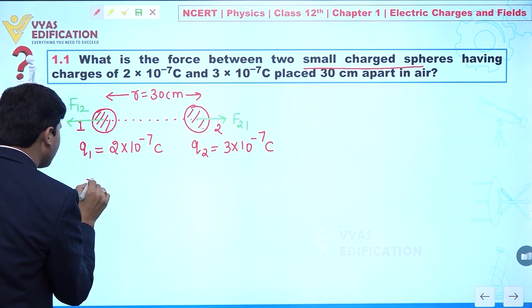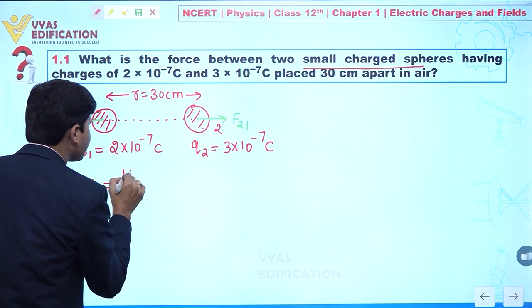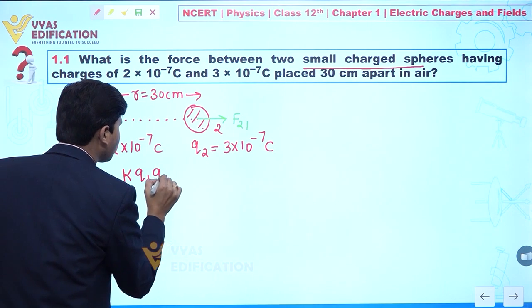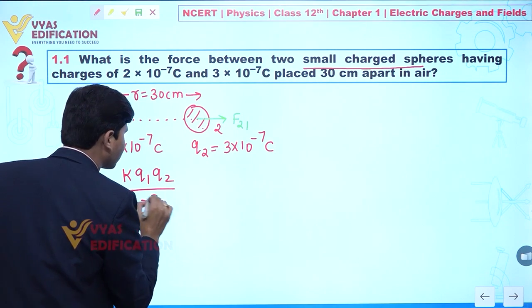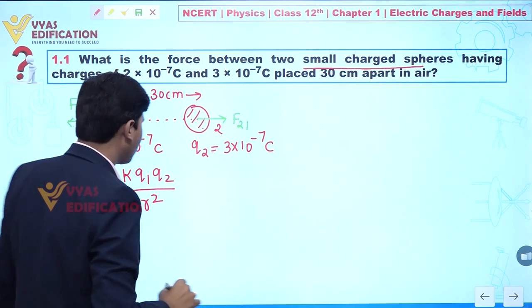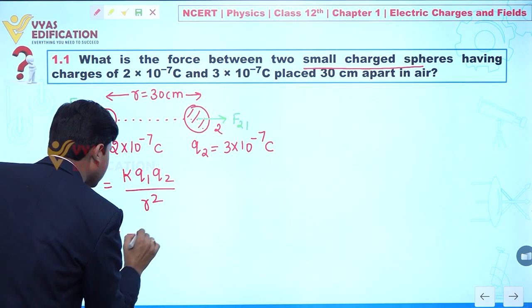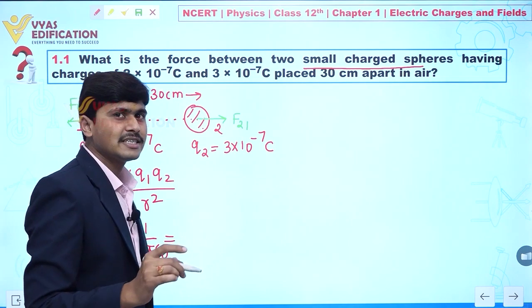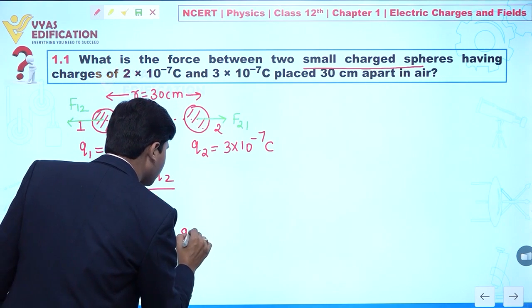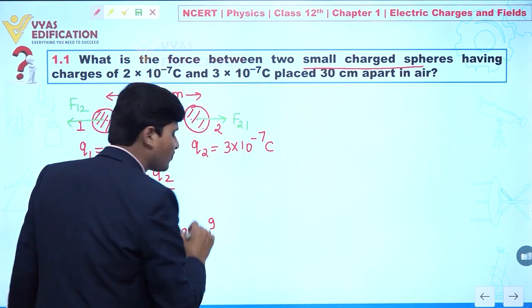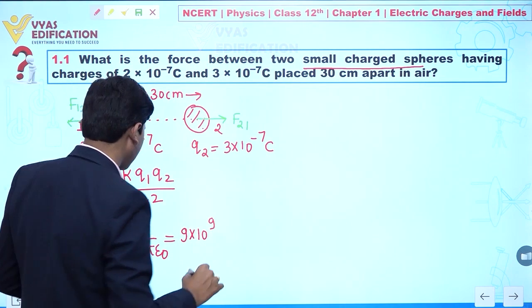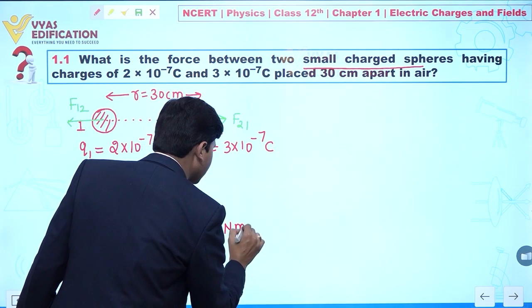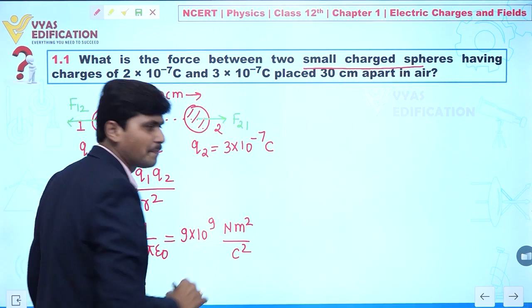Concentrate. We know one formula, F equal to K Q1 Q2 divided by R square, clear? Now you know the value of K. K is given by 1 upon 4 pi epsilon naught, and this is equal to 9 into 10 to the power 9, clear? And the unit is Newton meter square upon Coulomb square, clear?